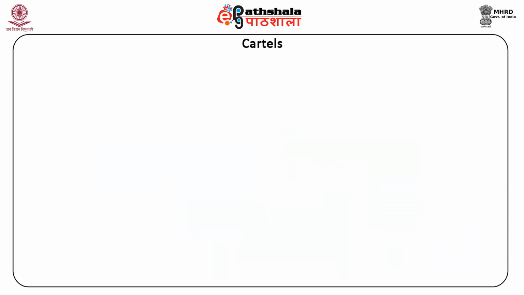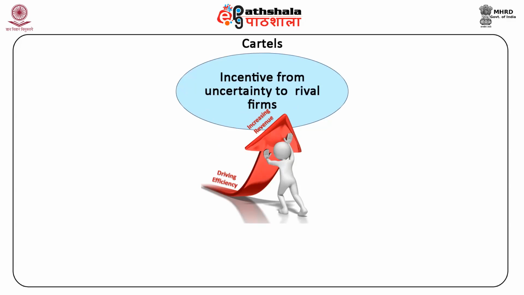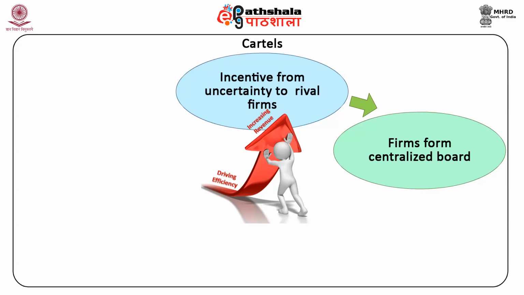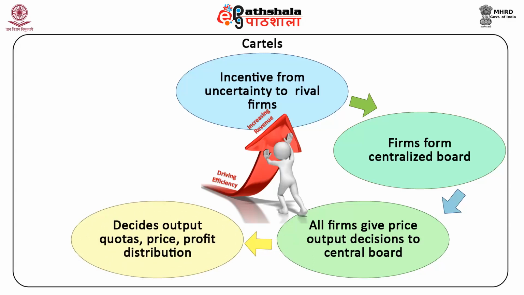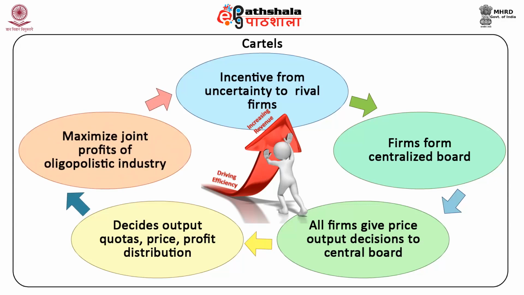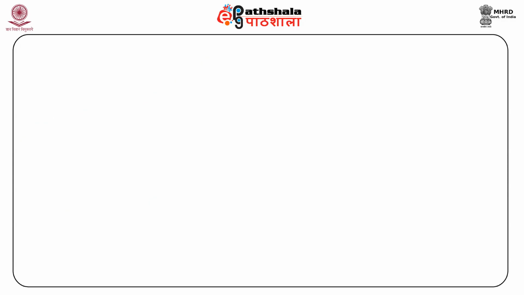A cartel provides a sort of incentive from uncertainty to the rival firms, in which firms producing a homogeneous product form a centralized cartel board in the industry and all individual firms give up their price-output decisions to this central board. In return, this board decides the output quotas, the price to be charged and the distribution of industry profits for all its members, which further aims to maximize the joint profits of the entire oligopolistic industry.